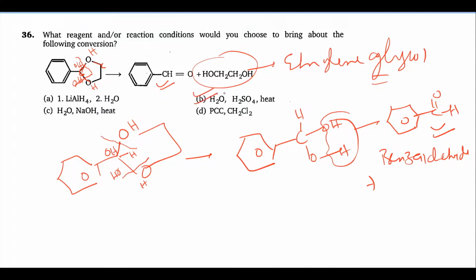Okay. If you add LiAlH4, hydrogens are added. This is basic medium. This is acidic medium. In acidic medium only hydrolysis takes place, of that acetal. Here, hydrolysis of acetal takes place in acidic medium.